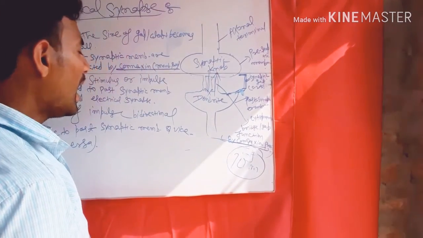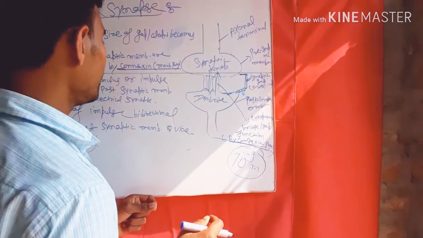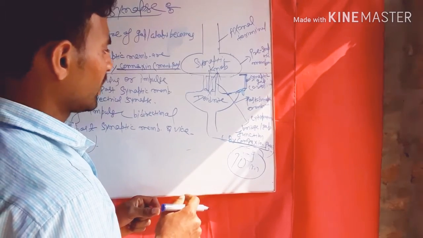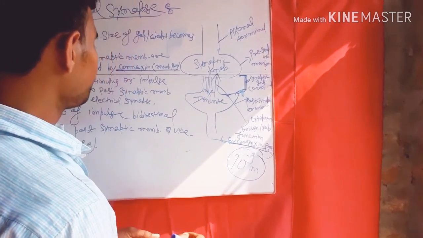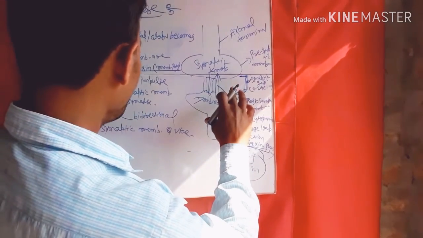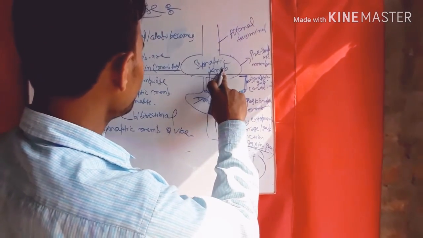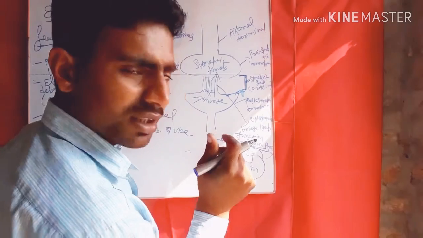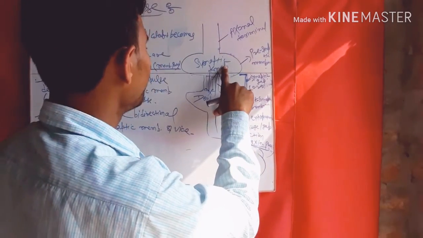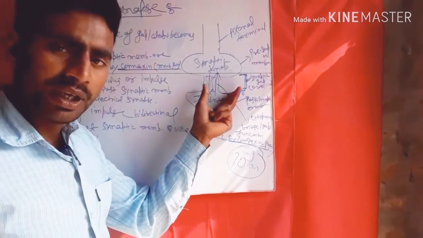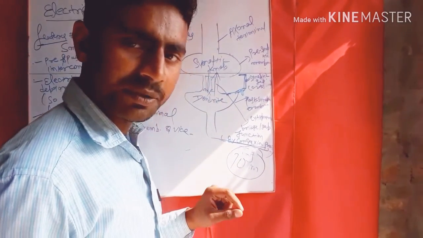It is also necessary to understand that the flow of impulse is bidirectional in the electrical synapse.